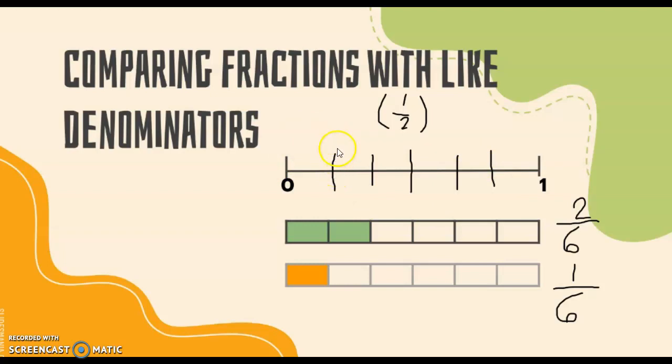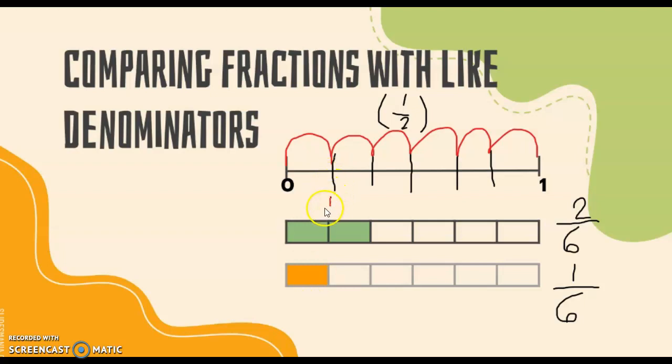Okay, 1, 2, 3, 4, 5, 6. Let me draw the hops so you guys can see. 1, 2, 3, 4, 5, 6. Okay, so now I'm going to plot my fractions on my number line.